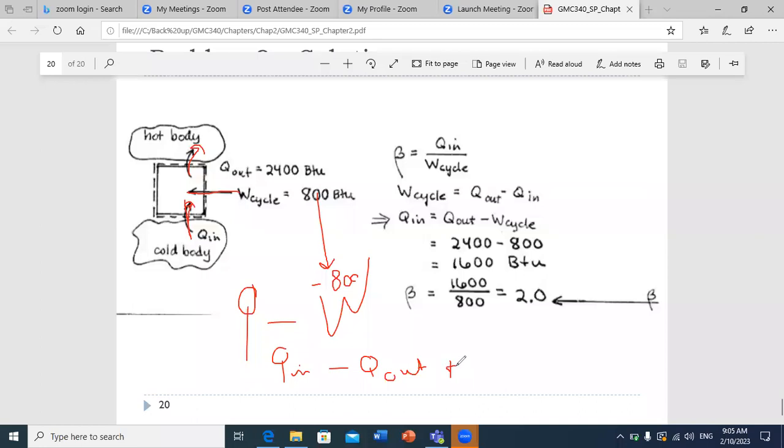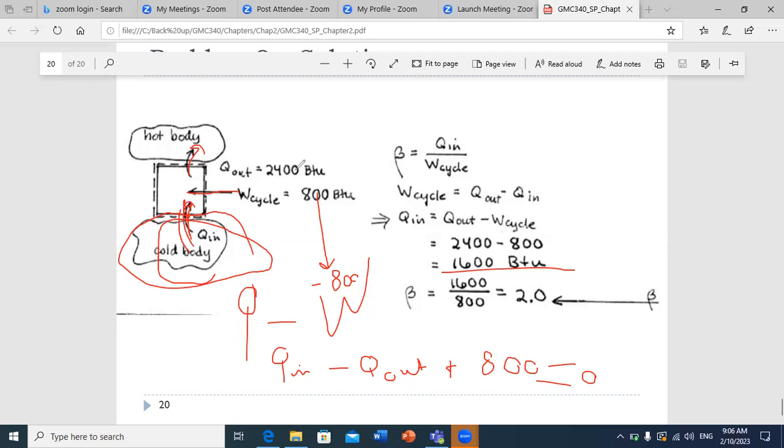When you take them to the other side, it becomes Q_N equal to Q out minus 800. And once you find Q_N, to find the refrigeration efficiency, we said that in the end what matters is how much heat we removed from the room. That's why the useful output of your problem is Q_N, because you were able to take this heat from the room by doing refrigeration.